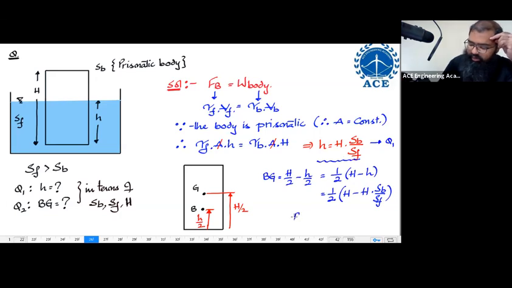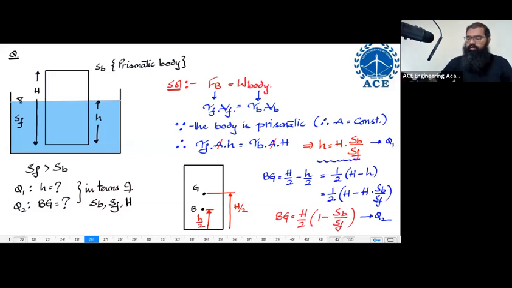Therefore, the value of BG has to be equal to, let me write in red now, its answer. The value of BG has to be equal to how much? Capital H by 2 multiplied by 1 minus SB upon SF. This is the answer to question number 2. I hope you are following both these answers.